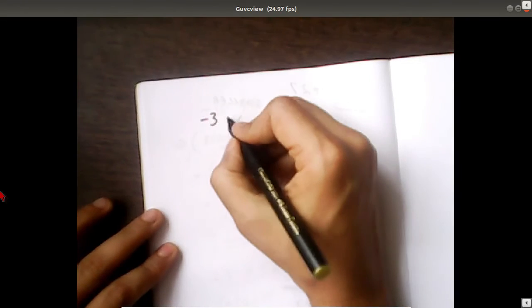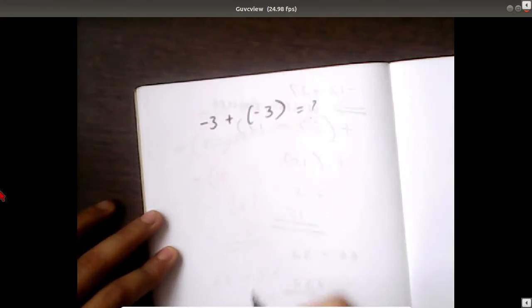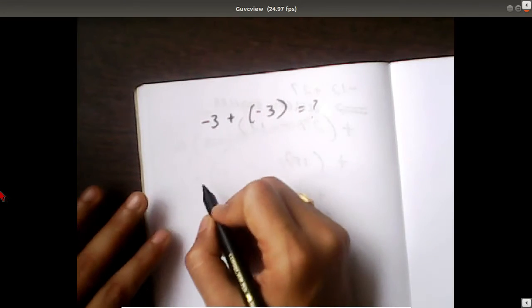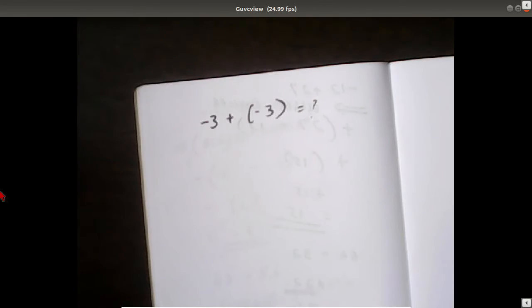Let's take two more examples before we move on to subtraction. Minus 3 plus minus 3. What is this going to be? There is no bigger or smaller number. So we have to take both. But what did our rule mention about adding two numbers like this?